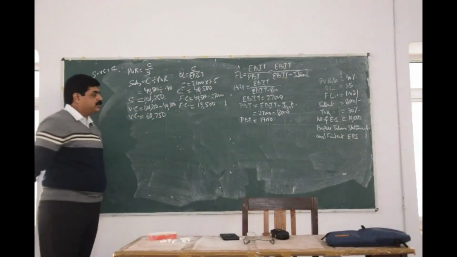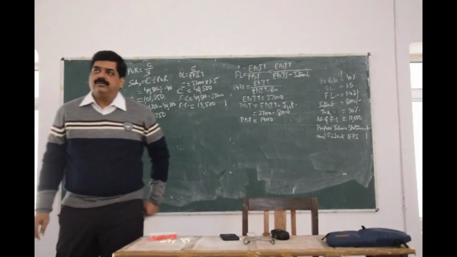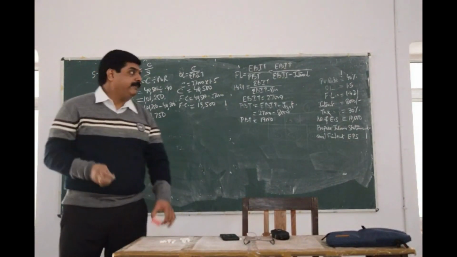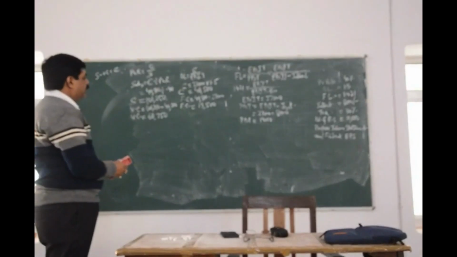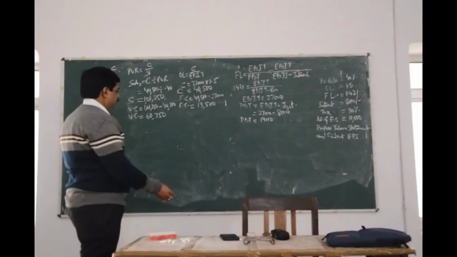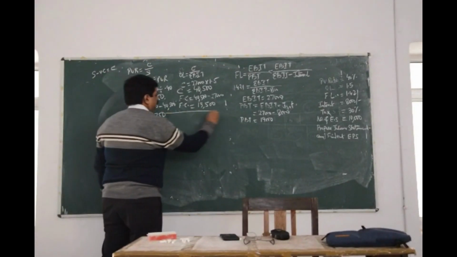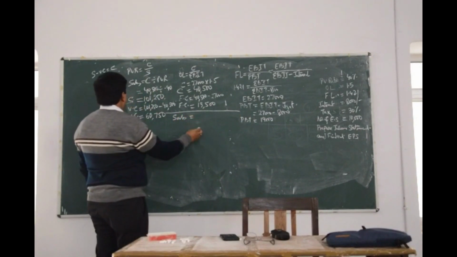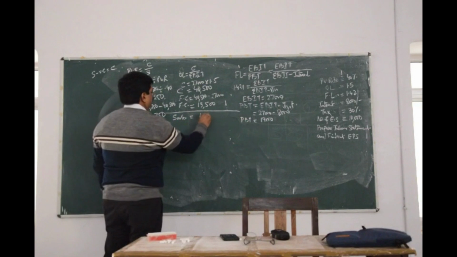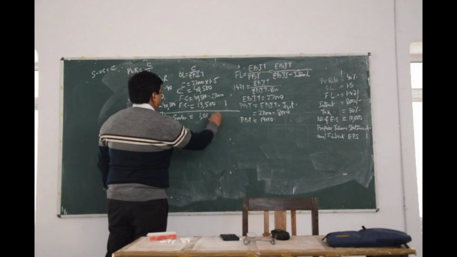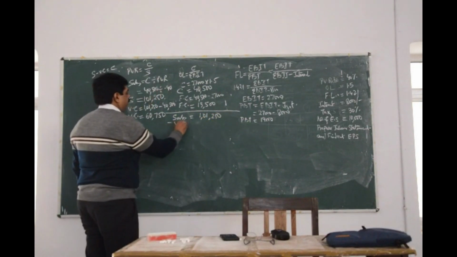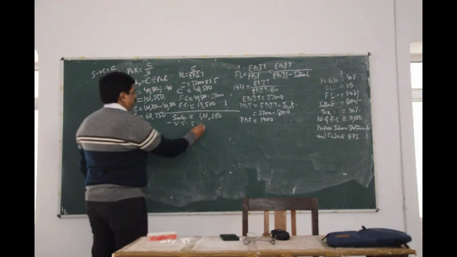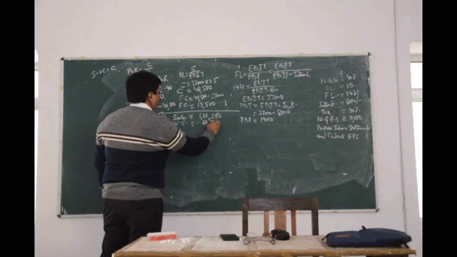Now I suppose all the heads of the income statement have been calculated. Sales is 1,01,250 minus variable cost 60,750.